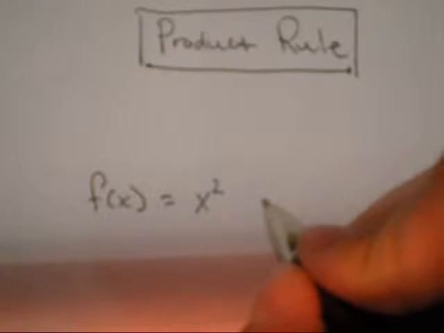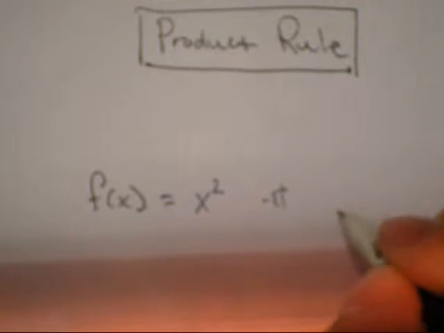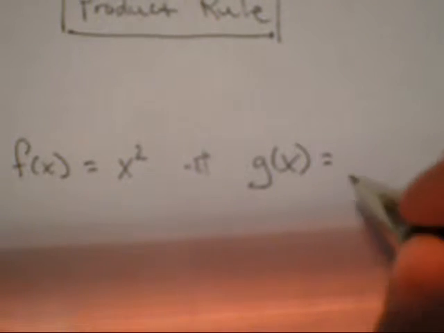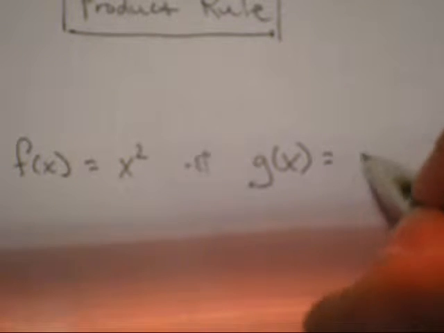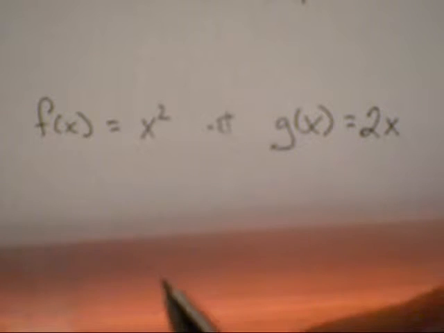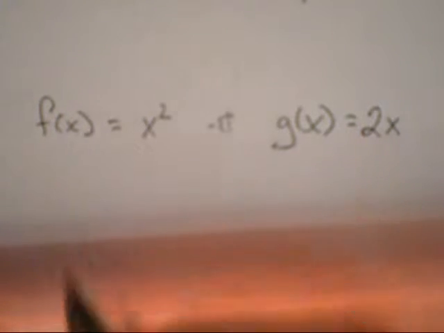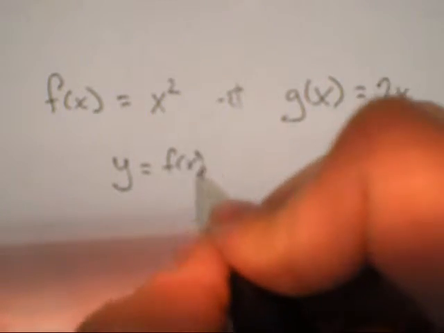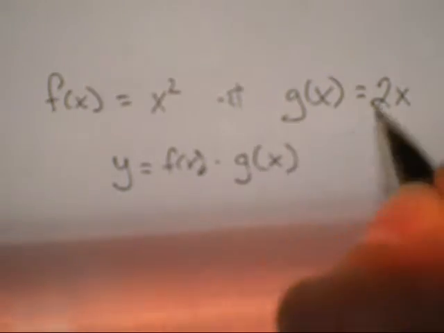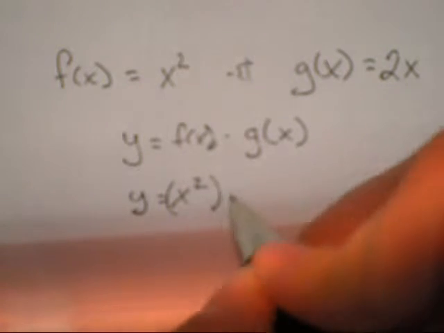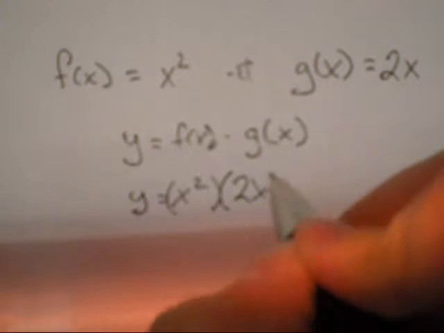then you have another function g of x, and that function is, let's say, 2x. Okay, so what you do for the product rule is, if you have a function where y equals f of x times g of x, so your function would be y equals x squared times 2x.